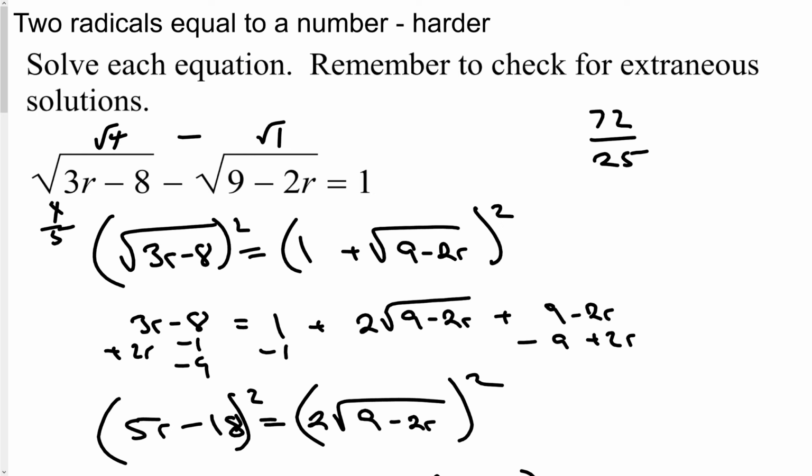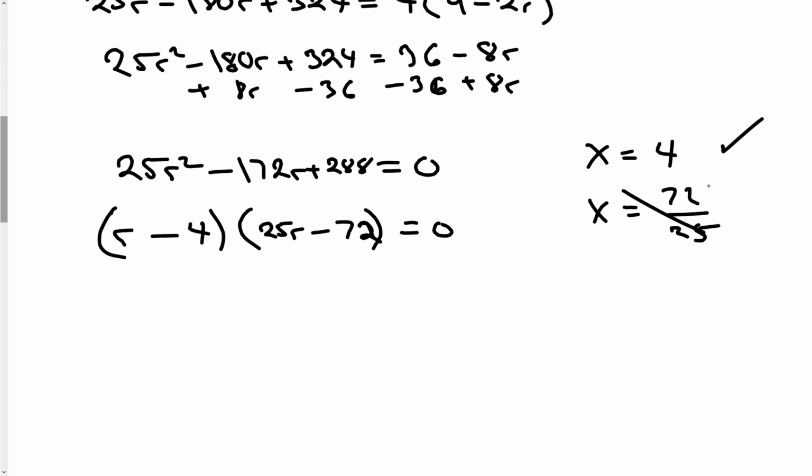And 9 minus 2 times 72 over 25 gives me 81 over 25, which would be 9 over 5. And that would actually give me a -1, not a +1. So that actually doesn't work. Okay, so the answer to this would have just been 4.